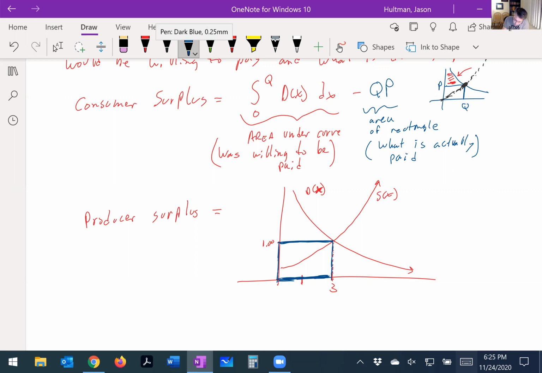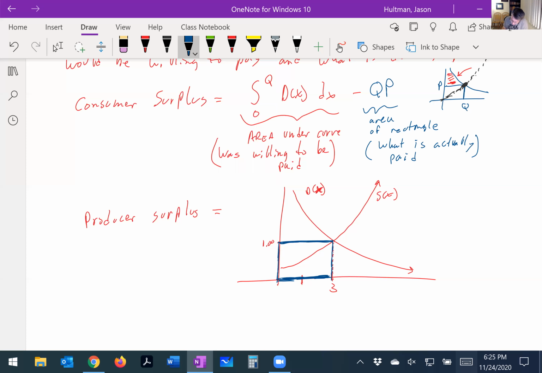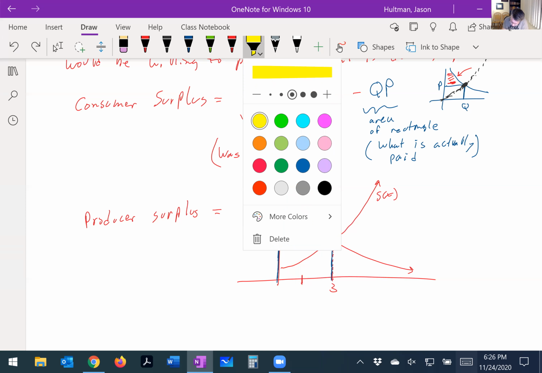So he was actually willing to go lower. I just didn't know it. And so it's this area. Oops. Let's go back. This area is the producer surplus. Okay, so it's actually not. It's the area above it, but we'll get to that in a second.